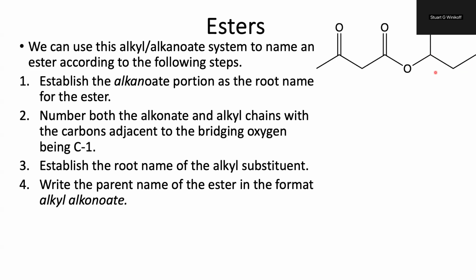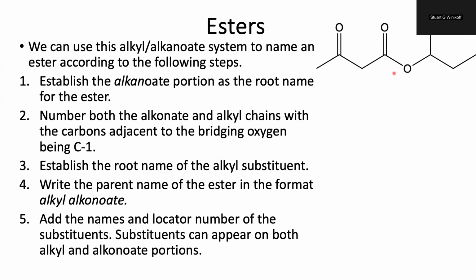Then we're going to write the parent name in the format of alkyl, starting with the alkyl substituent, and then alkanoate. So always alkyl, alkanoate. And then we're going to add the names of the substituents and locator numbers according to our previous sets of rules. And again, note substituents can appear both on the alkyl portion and on the alkanoate portion.